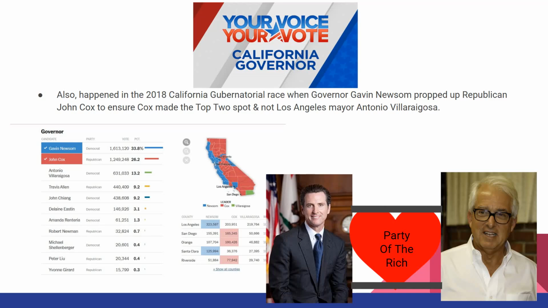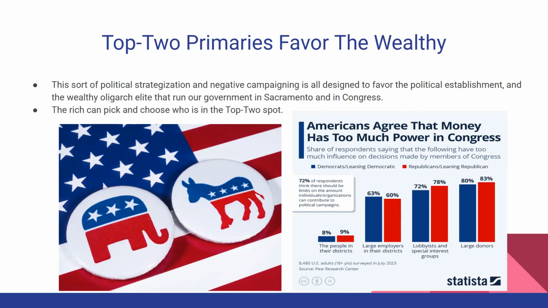This type of primary structure, the top two primary system, these jungle primaries, favor the wealthy. This sort of political strategization and negative campaigning is all designed to favor the political establishment and the wealthy oligarch elite that run our government in Sacramento and in Congress.